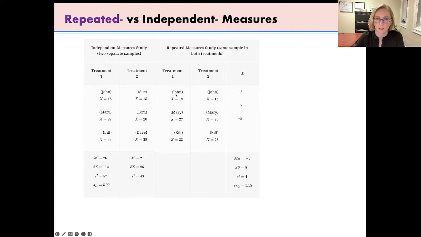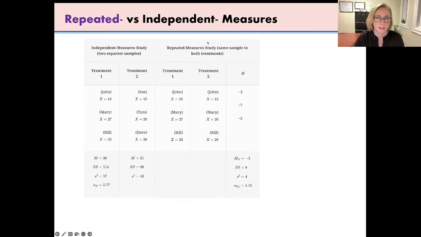Here now, 3 people do treatment 1, but then those same 3 people do treatment 2. When you're doing an independent measures t-test, you have to deal with 2 different variances, and then you have to pool the variance. It's weighted based on which has the larger sample, and it's that crazy calculation you have to do.